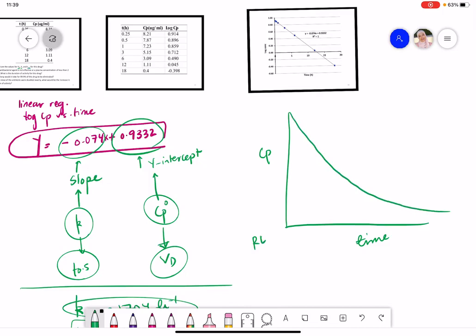The antibacterial agent is not effective at plasma concentration less than 2 microgram per milliliter. So it's giving us the concentration below which the drug is not effective, which is, in other words, the minimum effective concentration of that antibacterial agent.